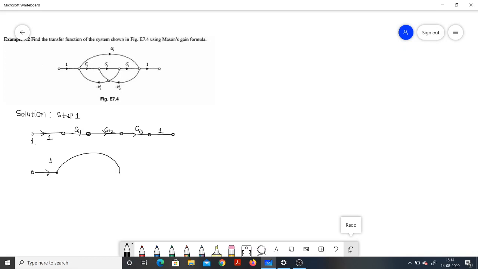The gain is unity here, here the gain is going to be G4 and here it's 1. So this is your first forward path, and this is your second forward path.